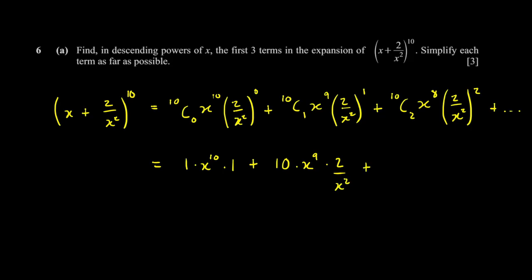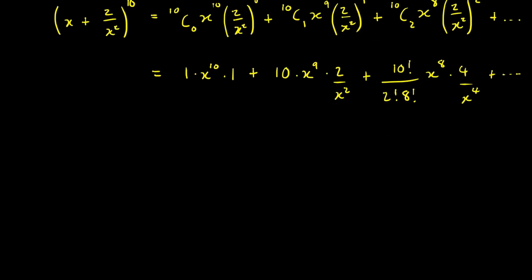Okay, then 10c2, what's that? Well, let's assume we don't have a calculator. The formula for that will be 10 factorial over 2 factorial 8 factorial times x to the power 8. And then 2 upon x squared, all squared, is 4 upon x to the power 4, plus dot, dot, dot. All right, now then, let's simplify this.